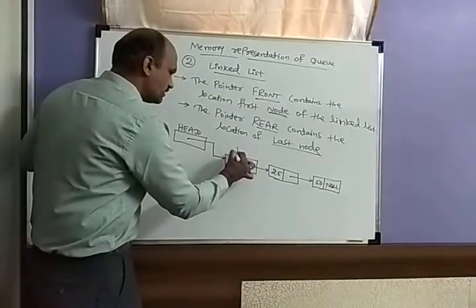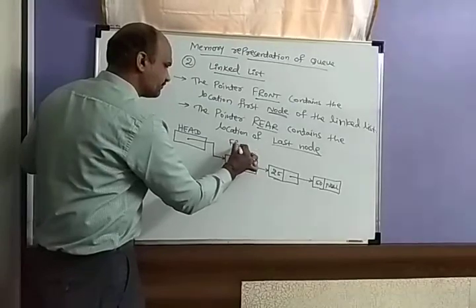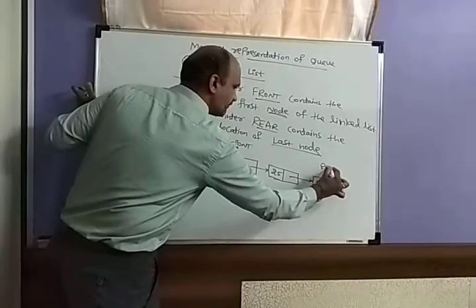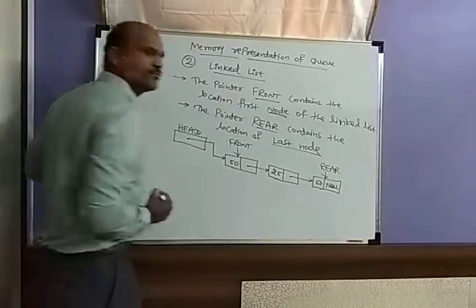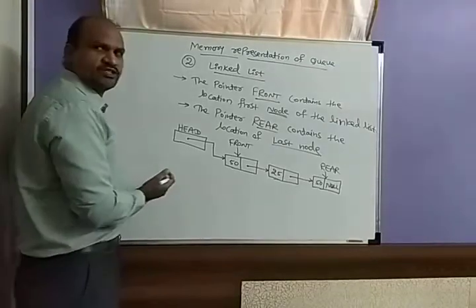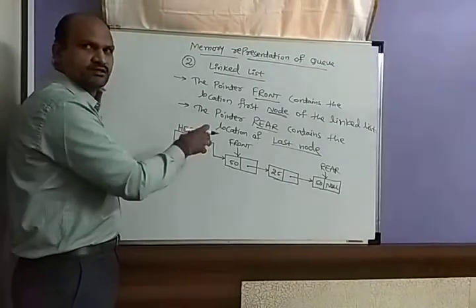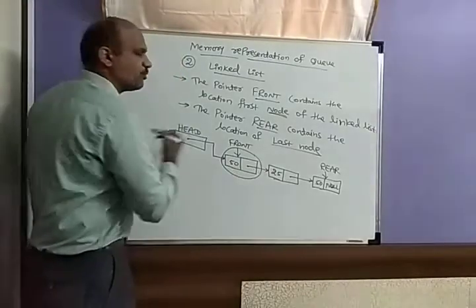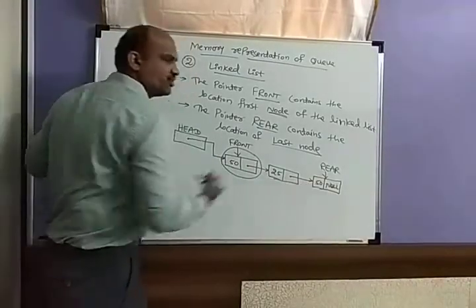So now this front is here and rear is here. Okay. So again, when you want to insert a node, this is one node, as I told you earlier, this is called one node. These are the nodes you create.